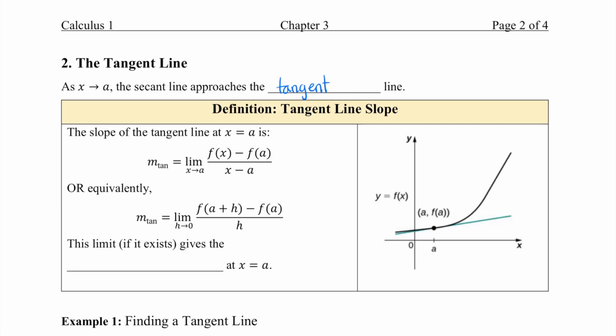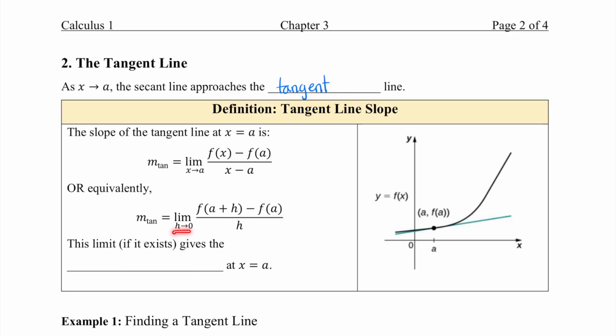We can also write this limit in another form. Instead of using x, we use h. Then the formula becomes the limit as h approaches 0 of f of a plus h minus f of a, all over h. Here, h represents a small change in x.